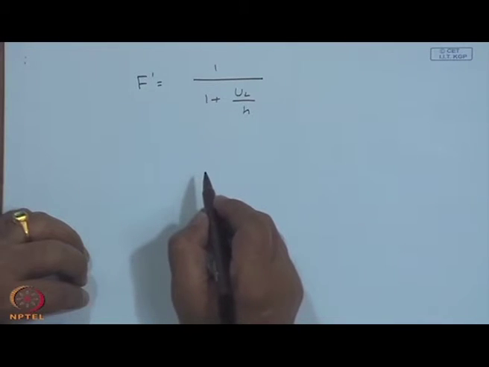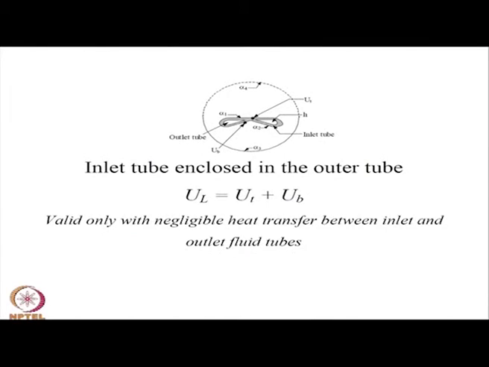You have got the inlet tube and the outer tube with the arrangement where U L is equal to U t plus U b. So, that is self explanatory. This is essentially like a heat exchanger and surrounding with the cold and hot fluids.